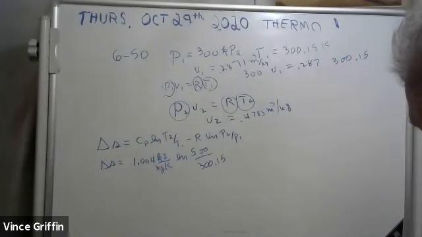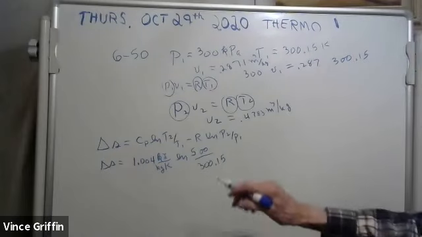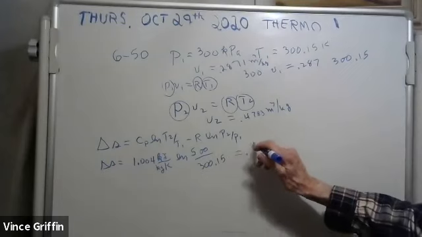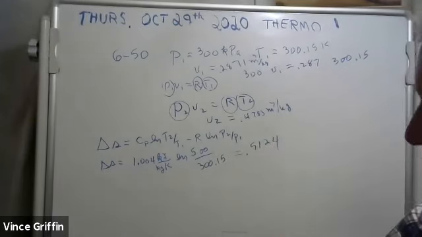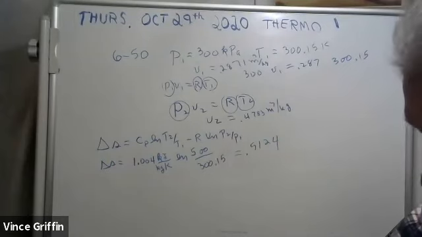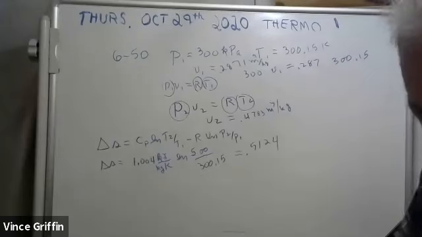Let's see. 500 divided by 300.15 times 1.004. Did you get 0.5124 for the change in specific entropy? Uh-huh. I like that.